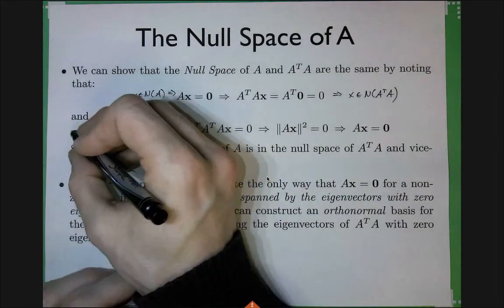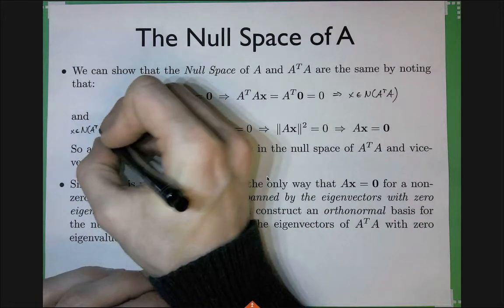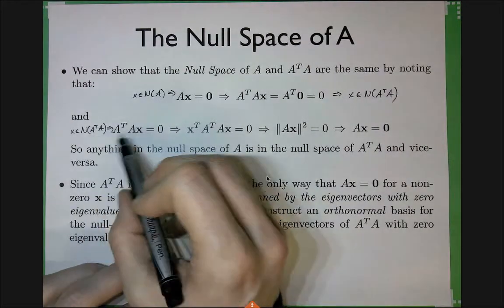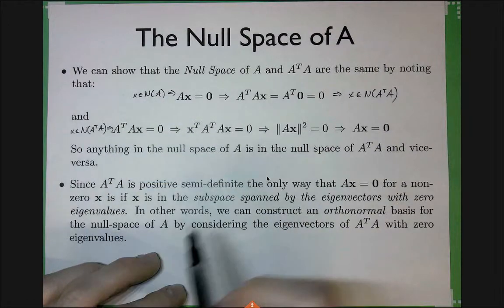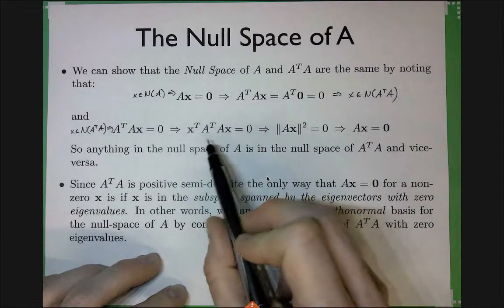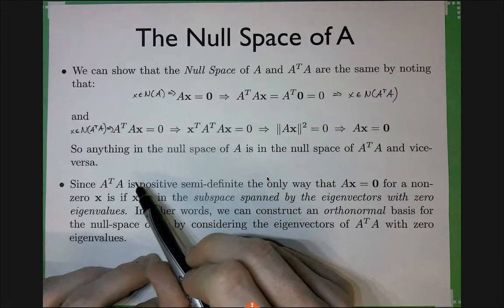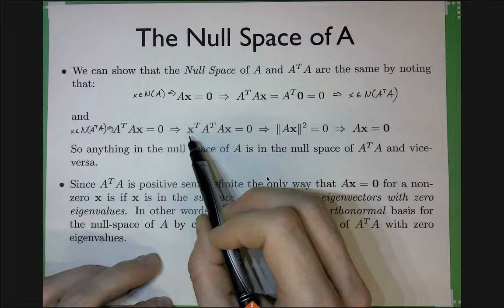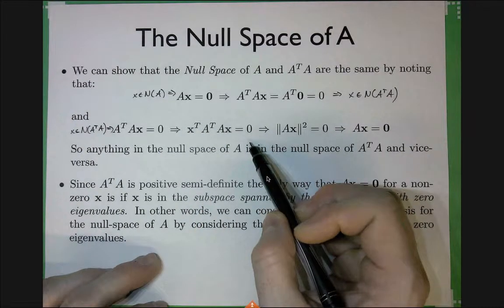So if x is in the null space of A^T A, then it means that A^T A x is 0, just by definition of null space, right? And now, here comes the little trick. The mathematics is a combination of trivial things and little tricks. Then I dot it with x, so I put x^T here. Of course, 0 stays 0, right?